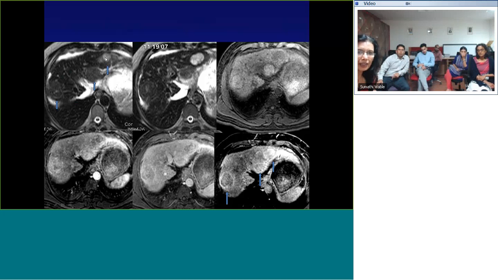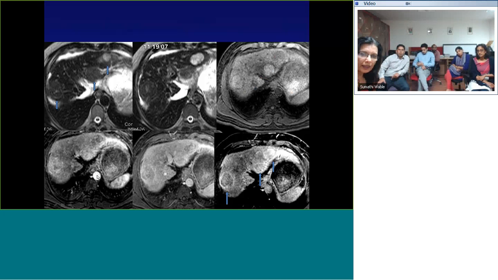This is much brighter than the other two lesions. And then this is the pre-contrast T1 weighted gradient echo image. You can see that these two lesions are a tad bit brighter than the background, and the T2 hyperintense lesion is clearly hypointense.